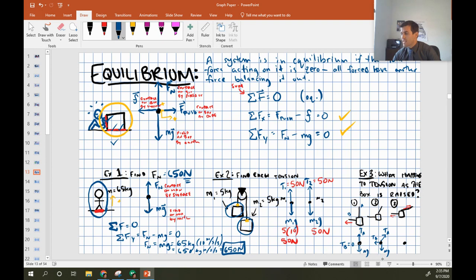And then finally, when I get to this scenario here, let's keep mg the same way it is. If I wanted to make this force bigger, I still have to have an upwards component on tension A. It still has to do this much vertical force upwards in order to offset the force of gravity.